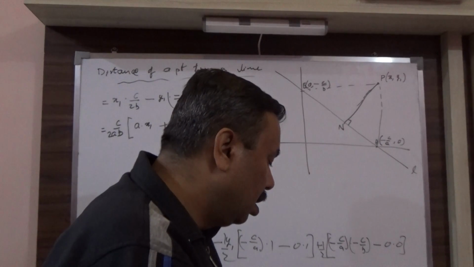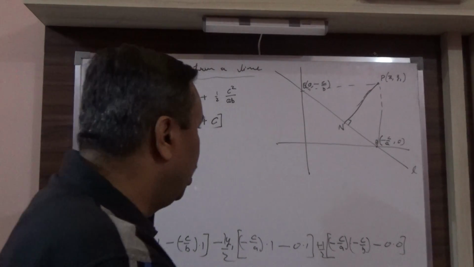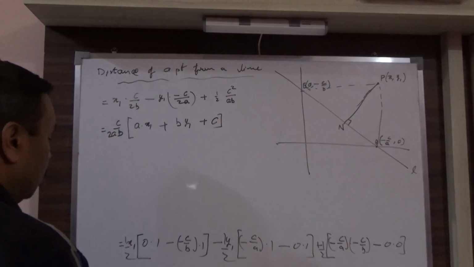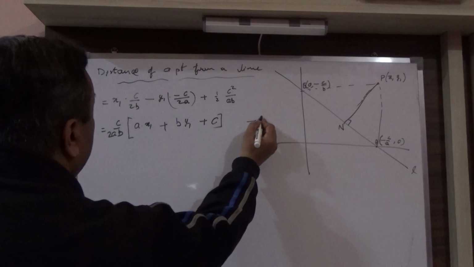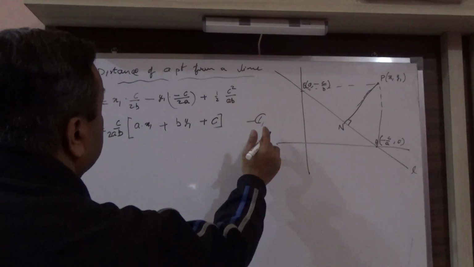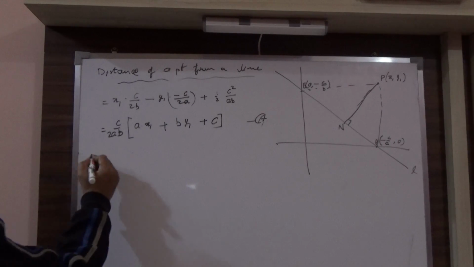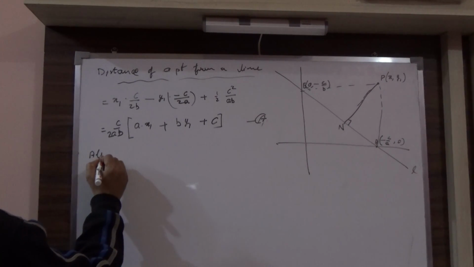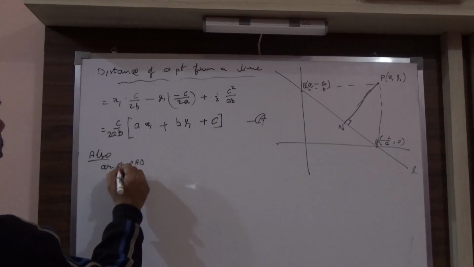But now the area of triangle PAB will also be equal to, this is your first equation, take it as equation A. Now what is also the area of triangle PAB that I was trying to find out?